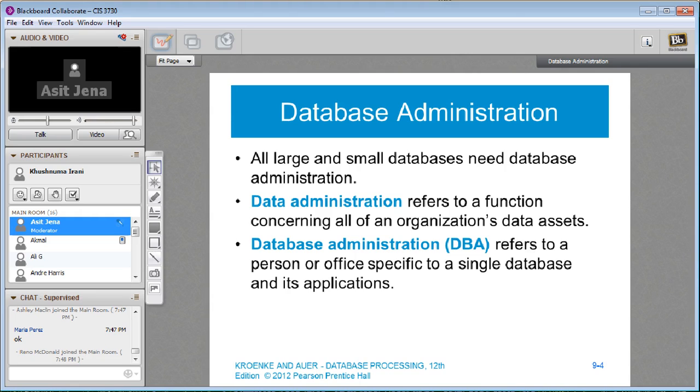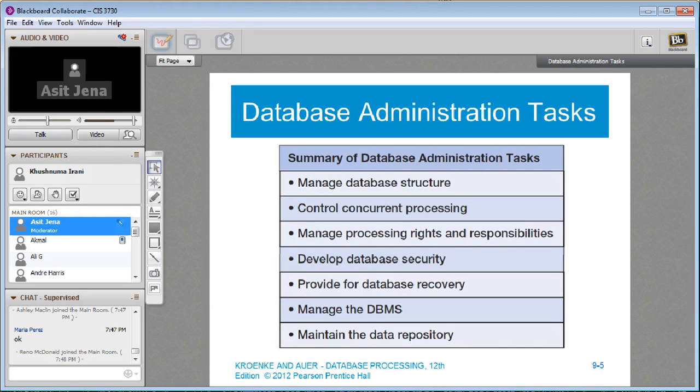DBA refers to a person or a specific office specific to a single database and its application. I think there is a typo on the slide. It's not database administration; this is database administrator, a person who is assigned to do the data administration.